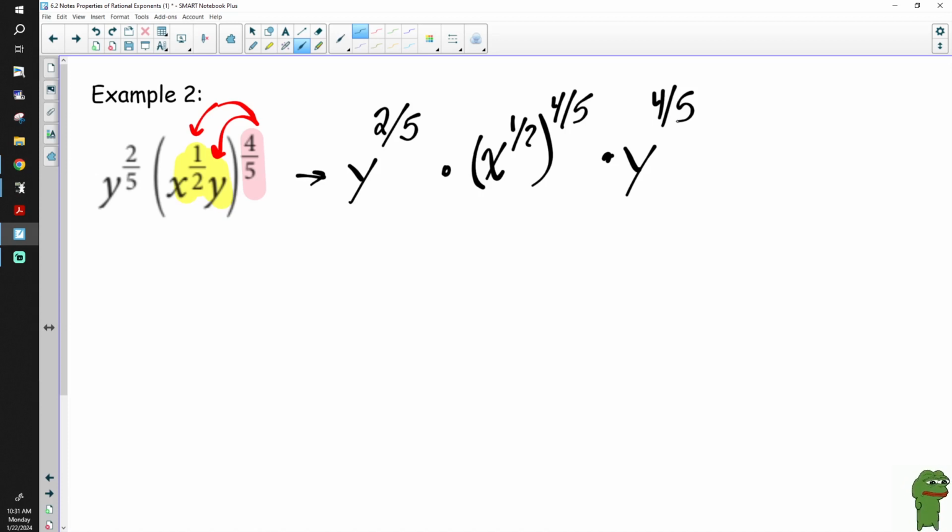Which rule do you see? I see a rule that uses addition, yes, and I see one other rule. What is the other one we can do? Look at your rules.